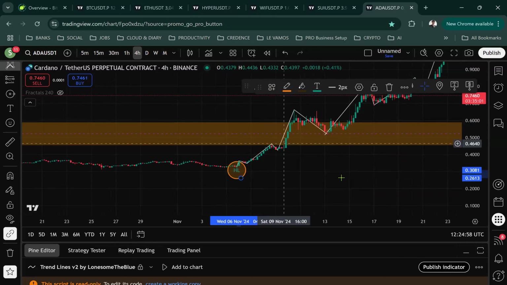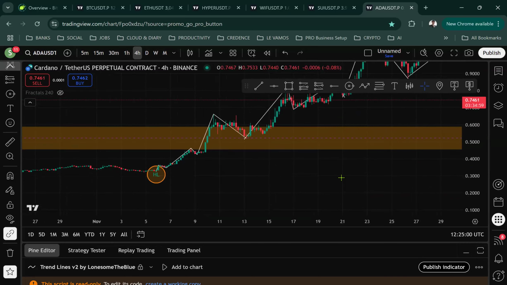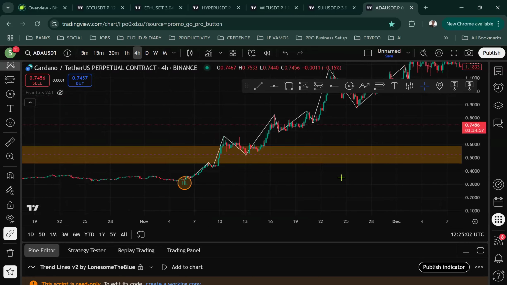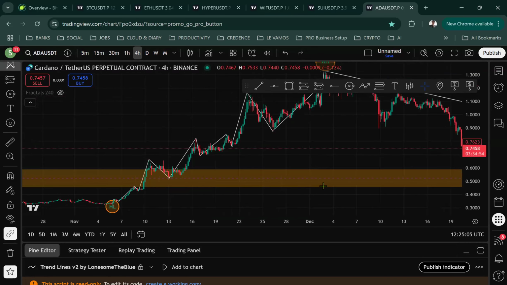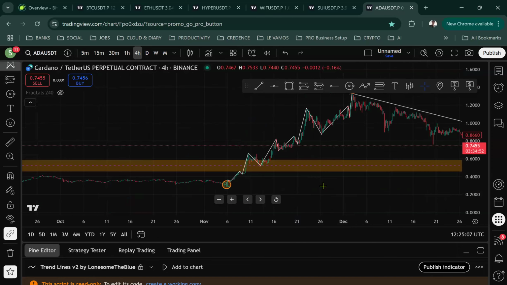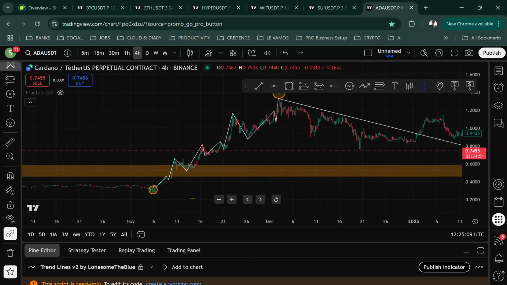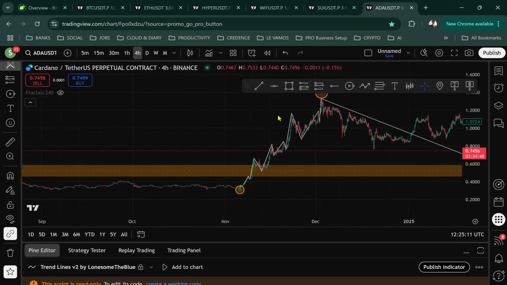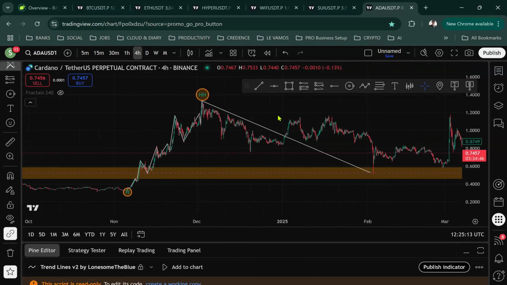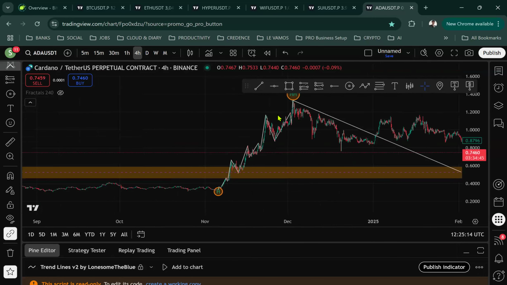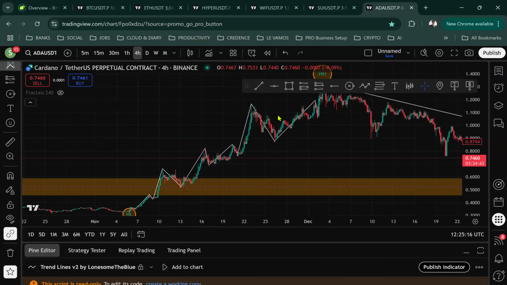Yes, let's see for the break of structure to happen. So in that case, this is the higher low.